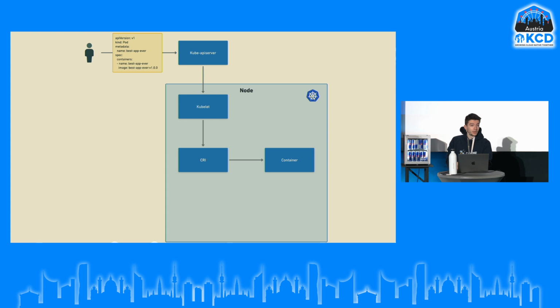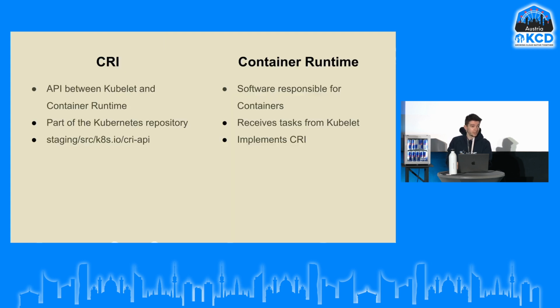And the CRI is then going to create the container for you, and that's pretty much it. Okay, so this is the differentiation between what a CRI is and the container runtime. To summarize, the CRI is the API between kubelet and the container runtime, and it is part of the Kubernetes repository. You can find it in the Kubernetes repository at staging/src/k8s.io/cri-api.